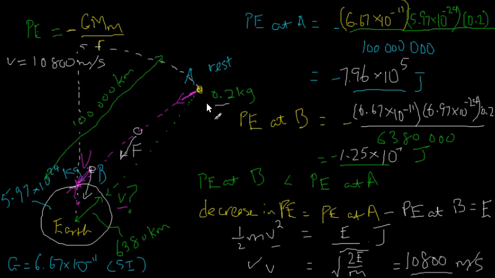If we want to find the change in kinetic energies or potential energies, all we need is to use this formula. Regardless of where the point is or how it has moved, all we need is its distance from the center of the Earth to find the potential energy, and all we need is to calculate the difference in potential energy between any two points to calculate the change in kinetic energy.